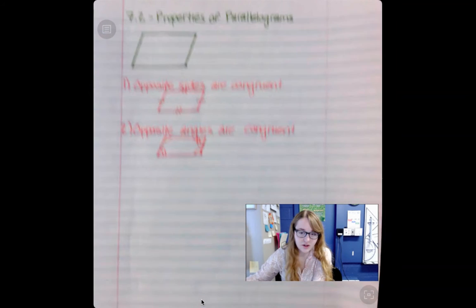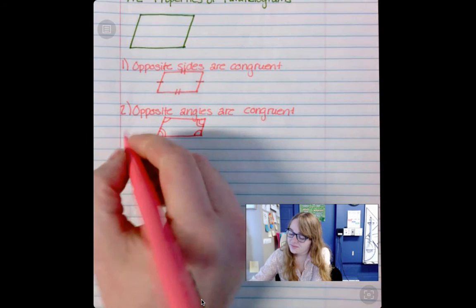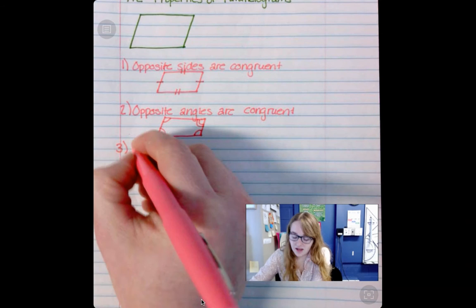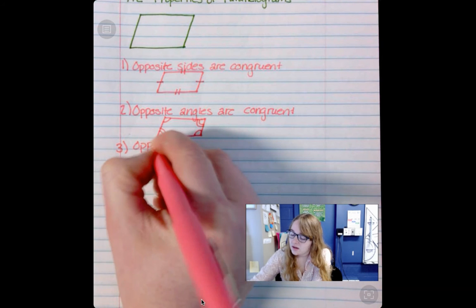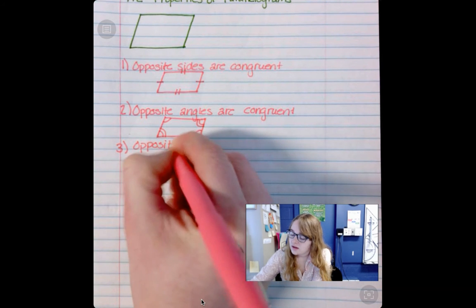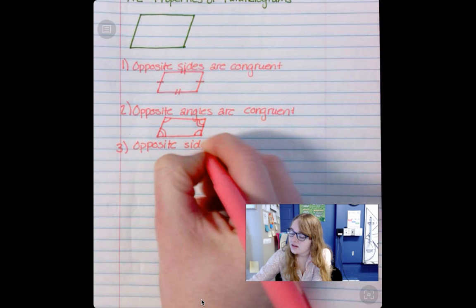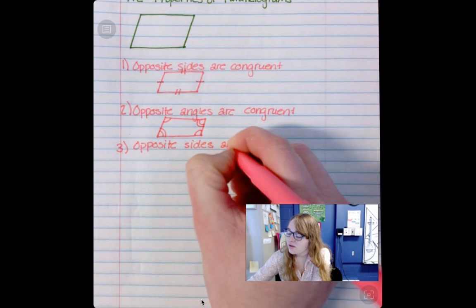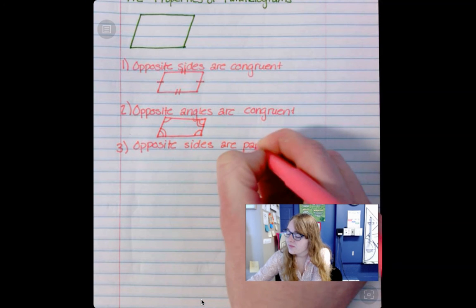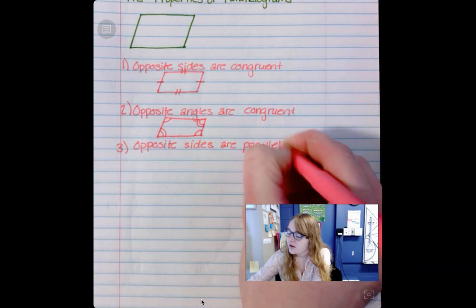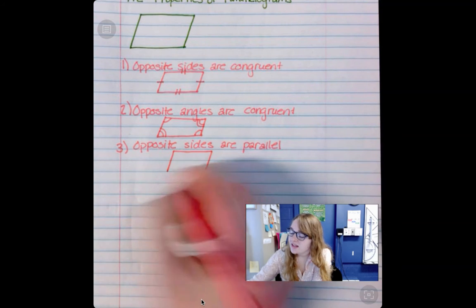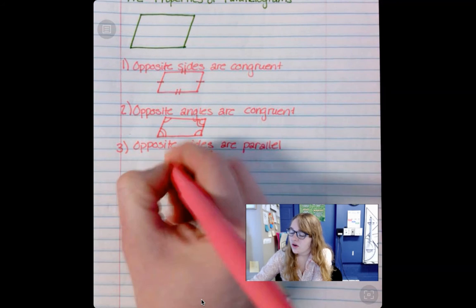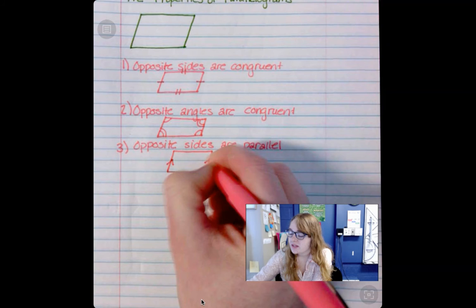Our third super cool rule is that our opposite sides are parallel. So when we have a parallelogram, the sides that do not touch are also parallel, which we notate with these little arrows.